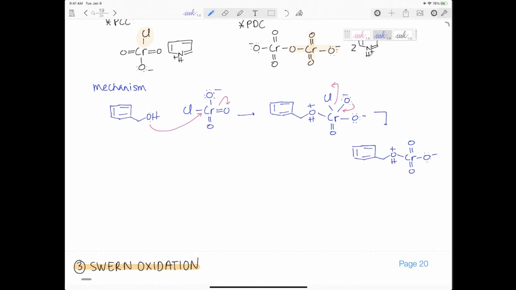Okay, now remember, every time you have the positive charge on the oxygen, you need to get rid of that hydrogen. That's also one of the key steps. Thankfully, though, you have something negatively charged here, so that's just naturally going to go for that.